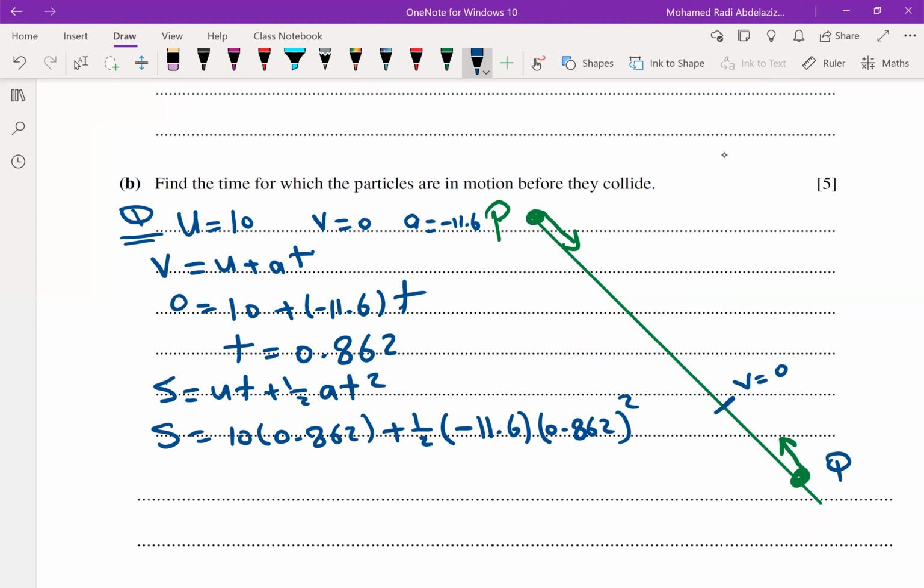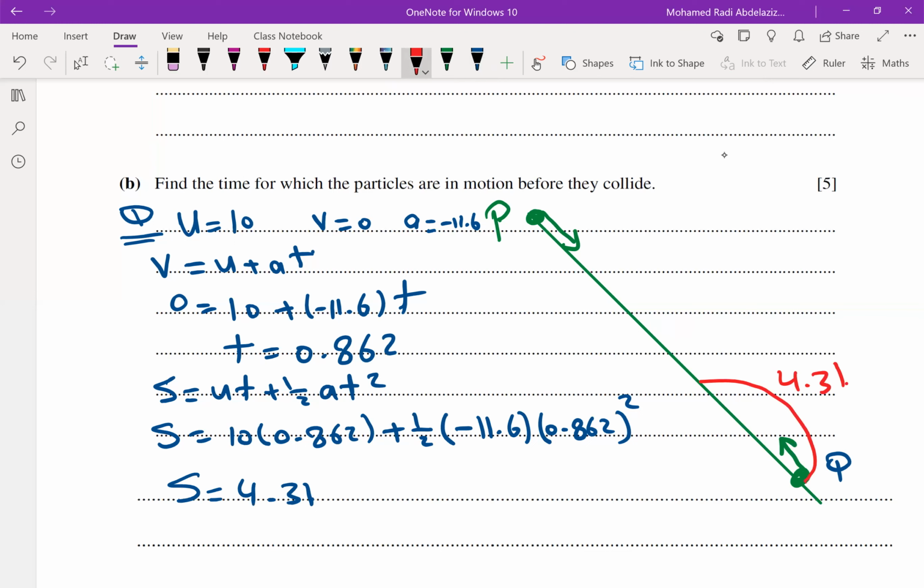So the answer s is equal to 4.31. So the distance covered by particle Q when it is moving up is 4.31.